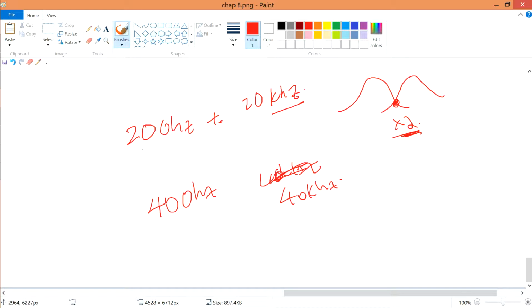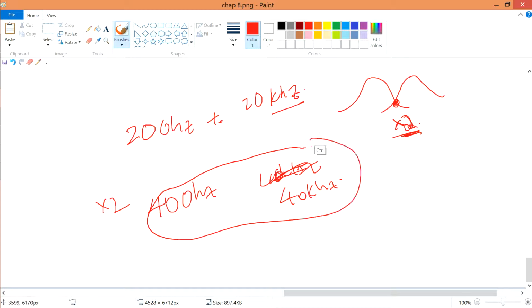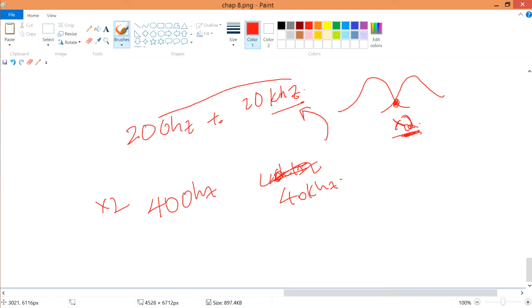Because if you want to sample an analog system, if you want to sample anything, you require 2 times your original signal, because of the overlapping over here. This overlapping requires faster speed to sample, so you need 2 times faster speed to actually sample your original data.